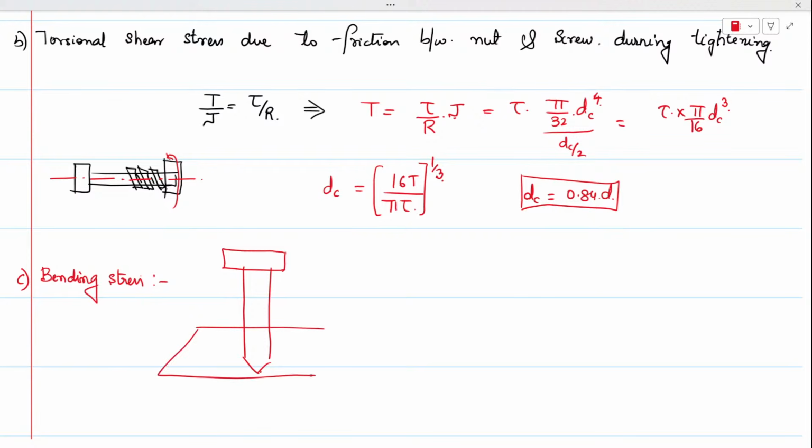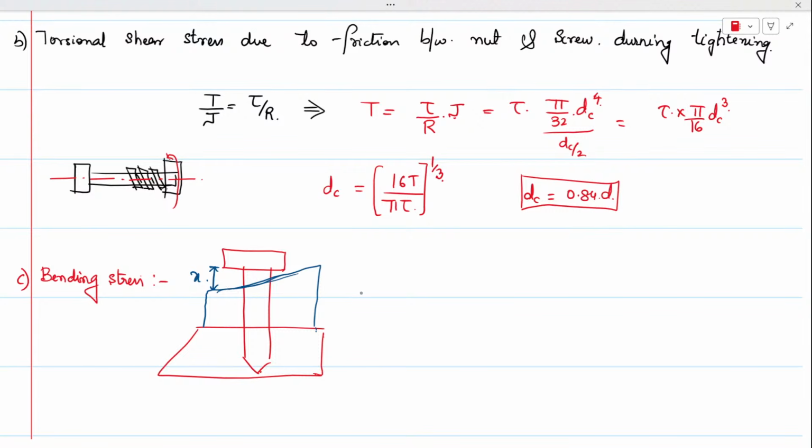It is inserted in one of the components, and another component has a certain inclination. Whenever the surface is not normal to the shank of the bolt, it is going to suffer bending stresses.